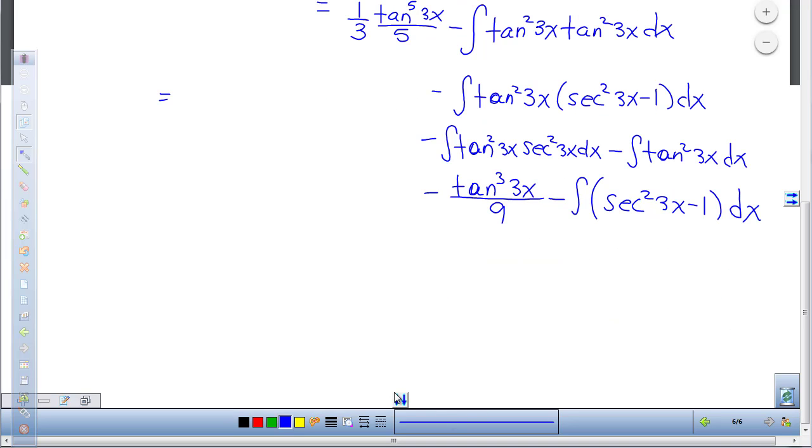Just to keep up with things, we've got tangent to the fifth 3x over 15 minus tangent cubed 3x over 9. And then here we're going to have the integral of secant squared 3x. Well, that's just what?